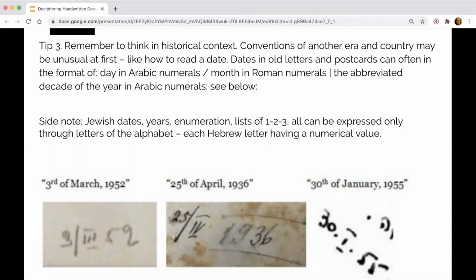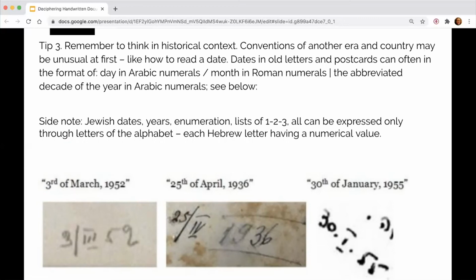So March 3rd, 1952, written as 3 slash Roman numeral III slash 52. If you saw that text isolated, it might not be immediately obvious what it is, but in context, it can be helpful to look at old letters and postcards, look for that convention series of numbers to figure out the dates.